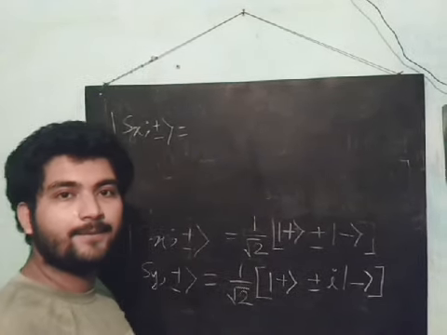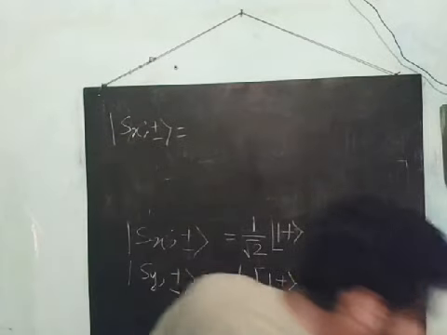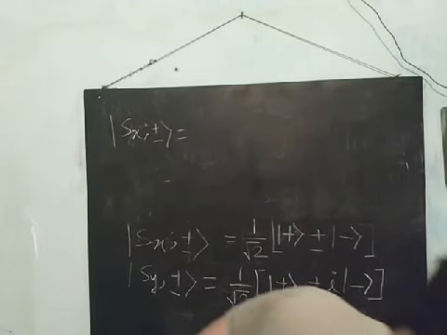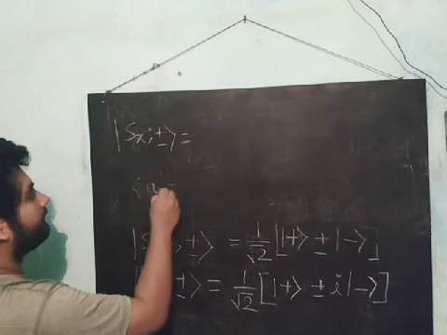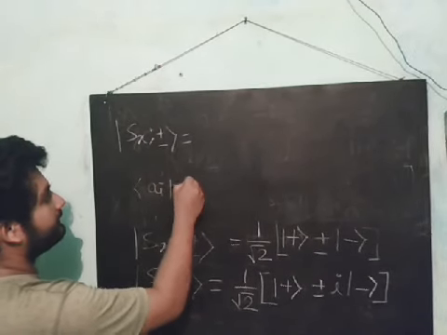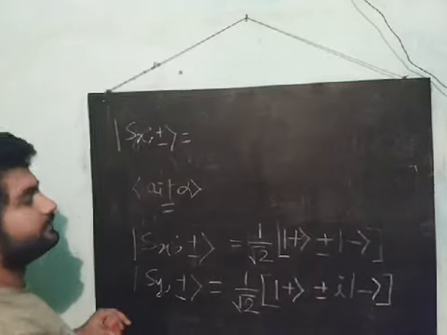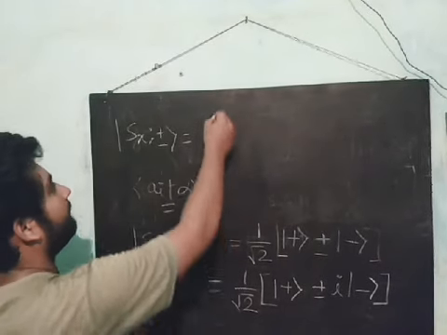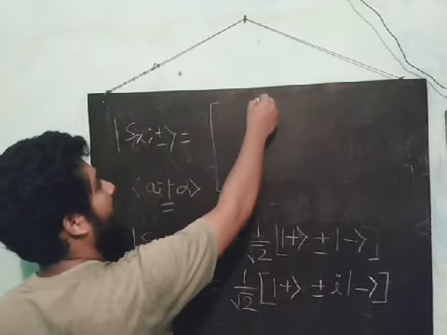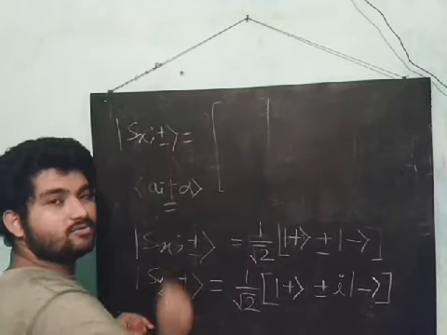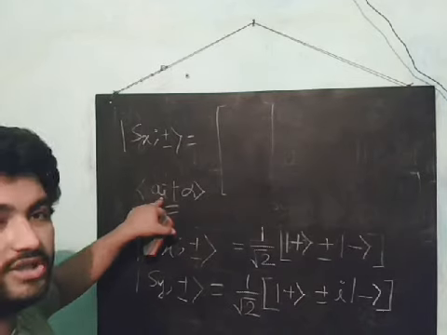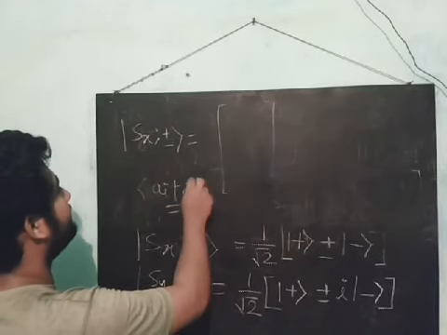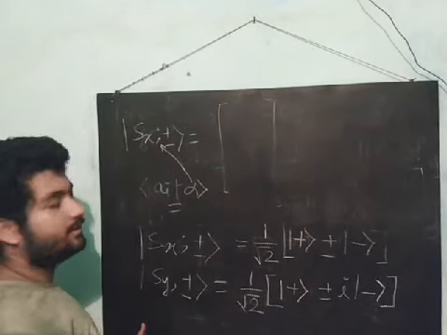Now, what was the formula for this? The elements were these, right? The column matrix. Ai was positive and negative. So I scalar product positive with alpha is here this thing, right?